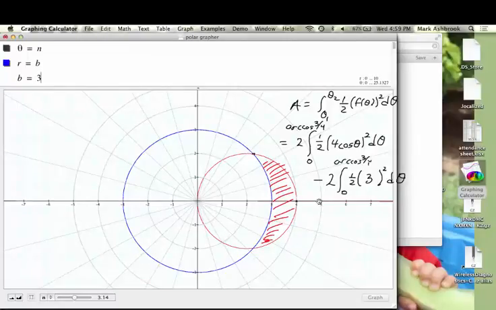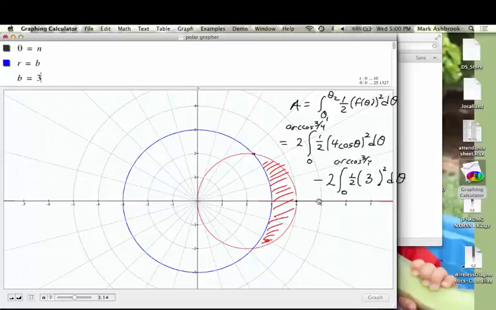So whenever you do these areas between polar curves, it's going to be outer area minus inner. If we just did that first integral, it would be all of this area. So ignore the blue curve. It would be this whole wedge like this, from 0 to there, and all of this in here. And then we times 2, and we get all of that.